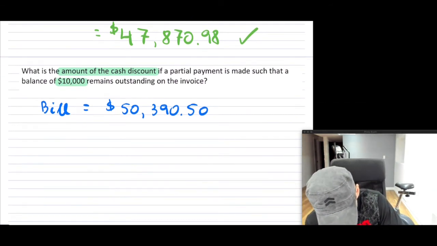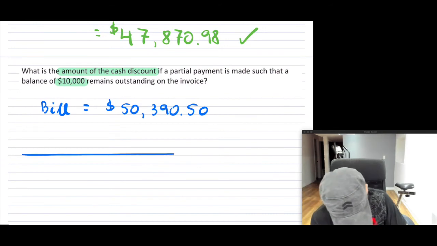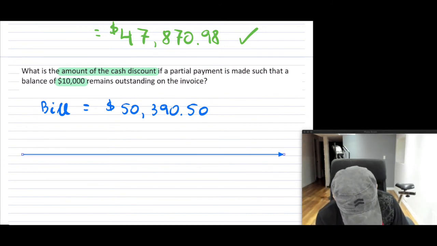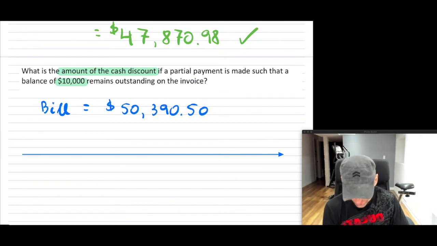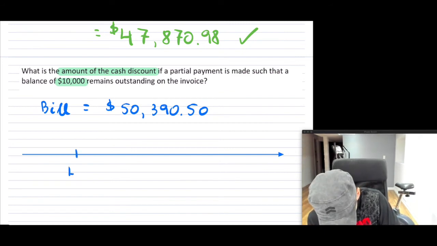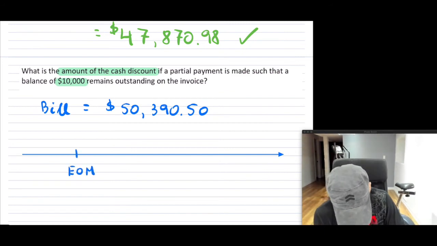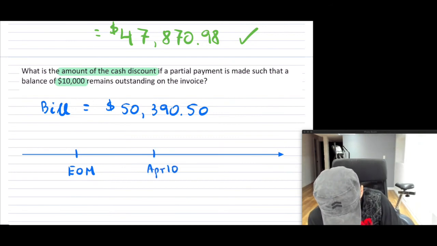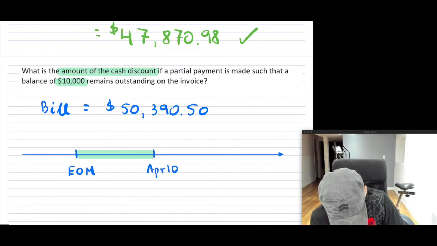So in our timeline, if I draw this timeline again, so this is what we have. Now again, remember, this is from the end of the month. This is April the 10th, the last day. So here, if we pay here, we get a cash discount of 5%. So we know that.